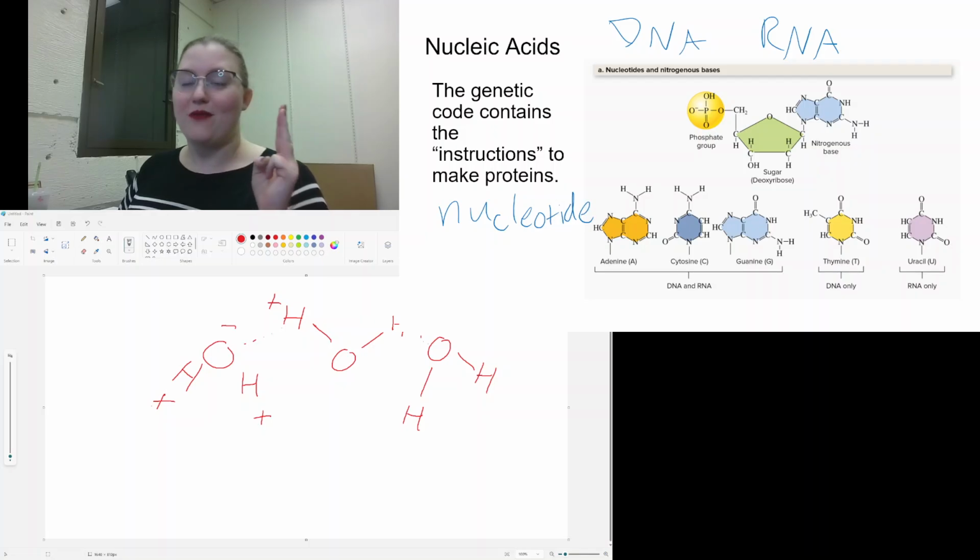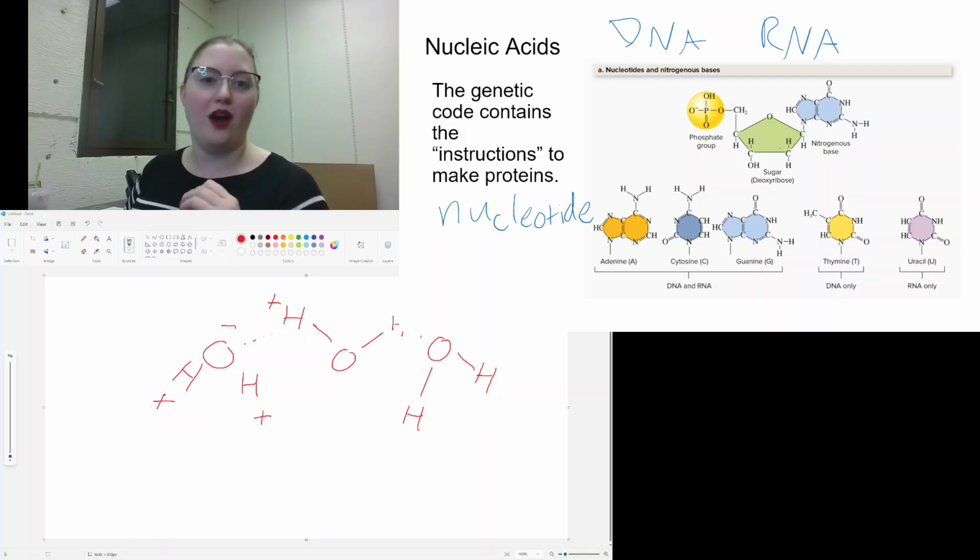Nucleic acids are made up of nucleotides. Okay? So our nucleic acids have a similar repeating structure. They have a sugar ring, right? So we got carbon, carbon, carbon, carbon, oxygen. That's one part of our nucleotide. Then we have a phosphate group. If you see a P, that's a phosphate group. And then we have the nitrogenous base.